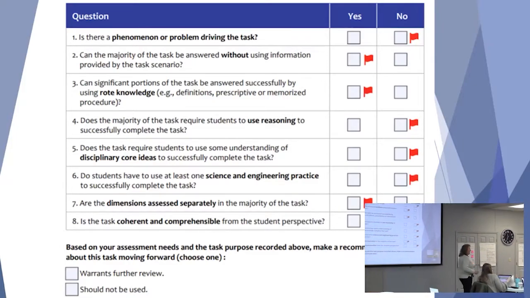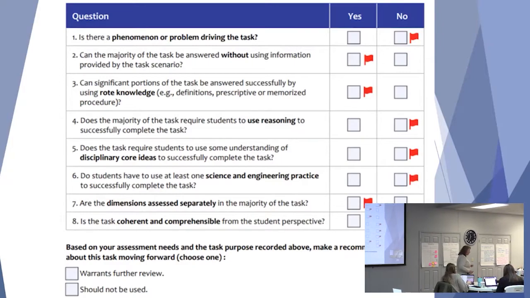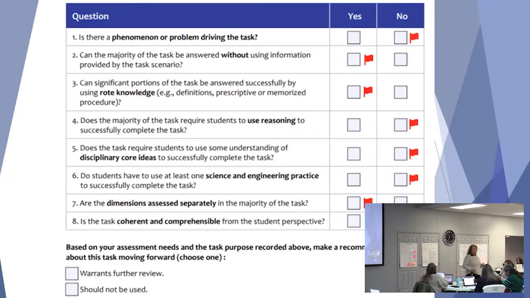I'll give you an opportunity to find it. So the front page will be purple and blue and yellow. It'll be the NGSS colors. It'll say pre-screen tool, then you turn the page and you'll have this particular chart right here.